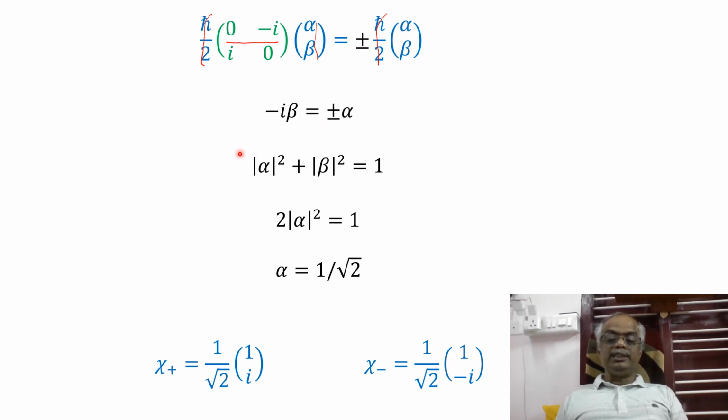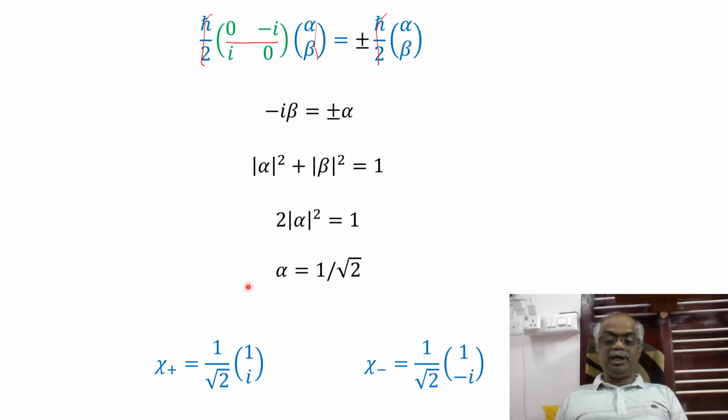Naturally we know the modulus of alpha squared plus the modulus of beta squared must be equal to 1. Here minus i beta is equal to plus or minus alpha, so I can replace beta in terms of alpha. So modulus alpha squared plus modulus alpha squared, that is 2 times modulus alpha squared, is equal to 1.